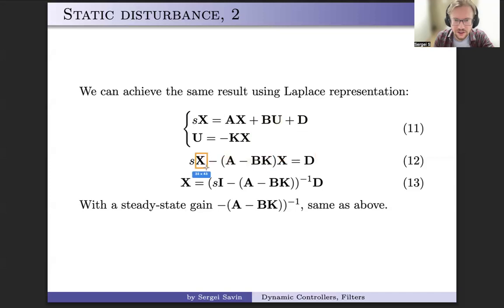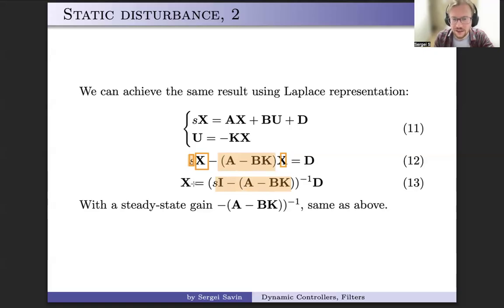Now what I have is X can be put out of the brackets. In the brackets, what we'll have is identity times S, right? So identity times S minus A minus BK. So this guy. And I can invert it, right? Multiply both sides by inverse of this matrix.